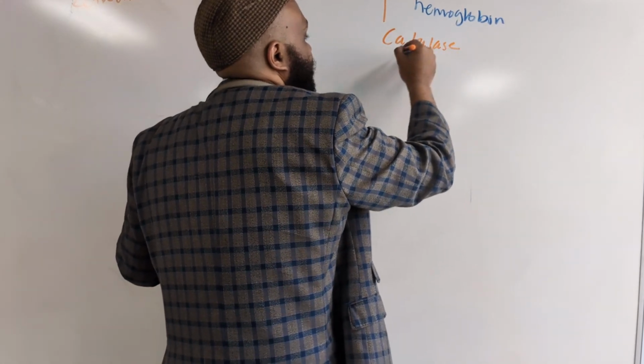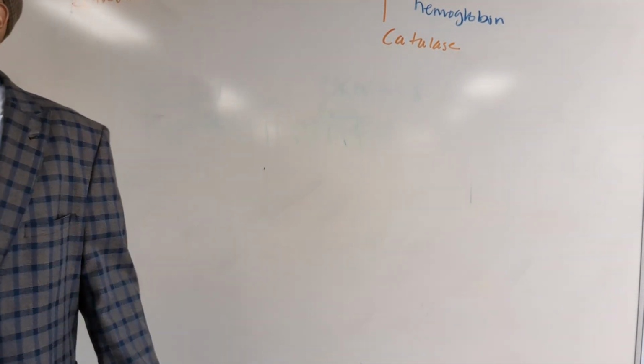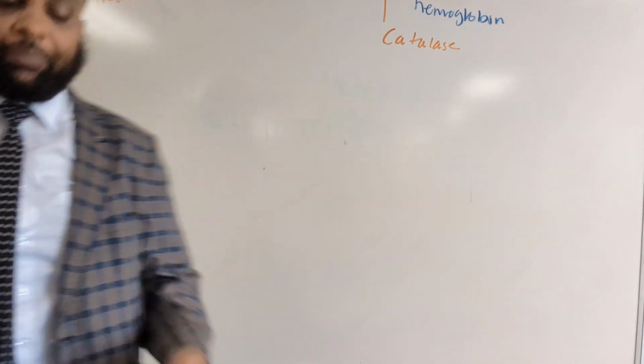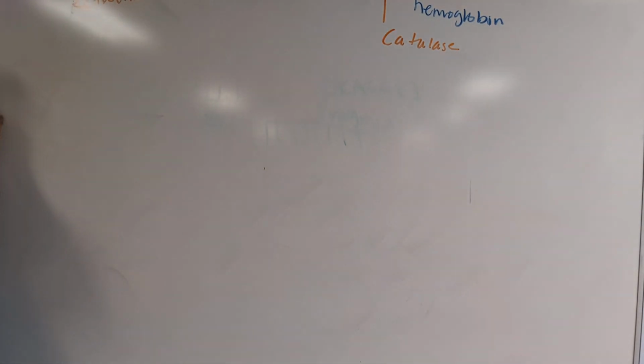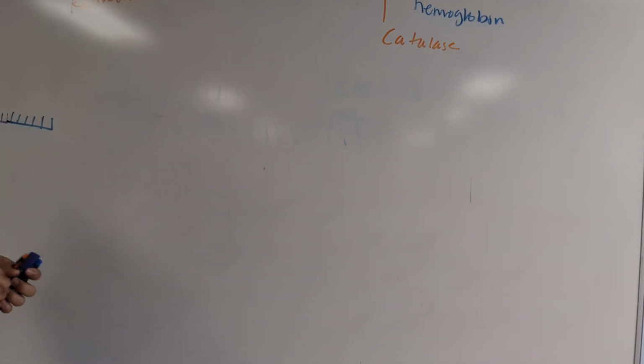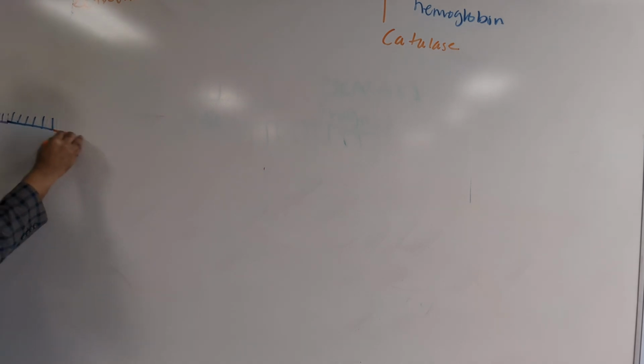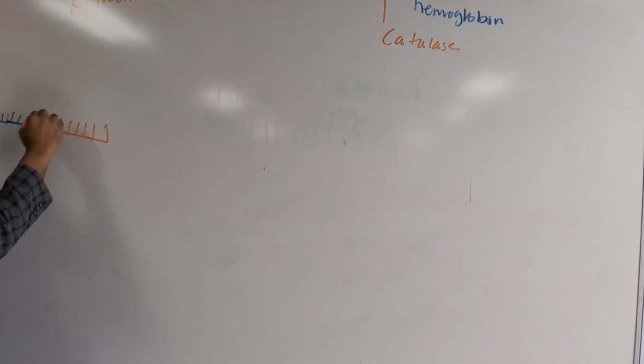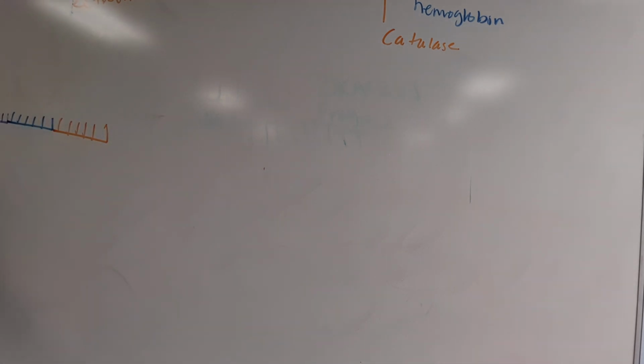And that is very important to reduce oxidative stress. So my DNA has many regions. This is the region for myoglobin. This is the region for hemoglobin. And this is the region for catalase.